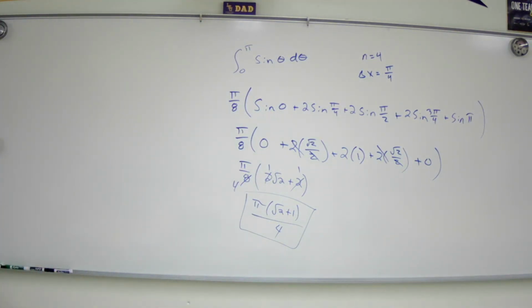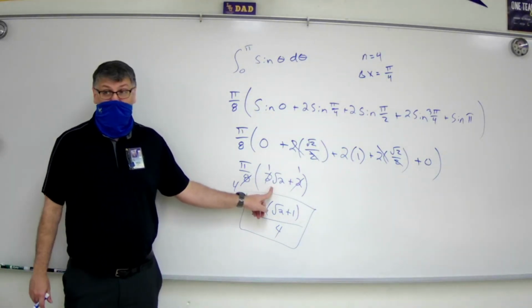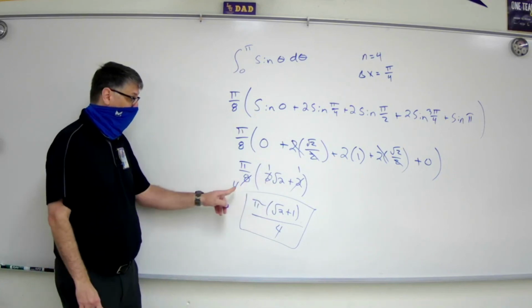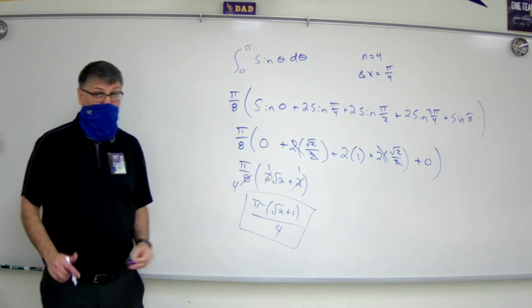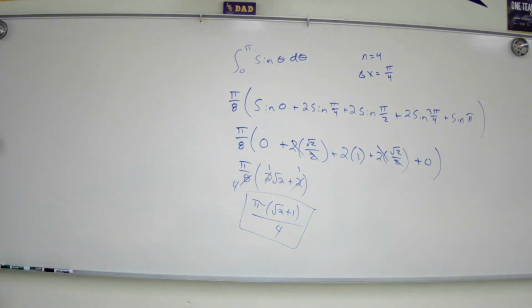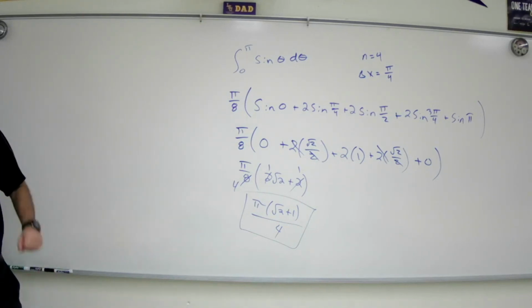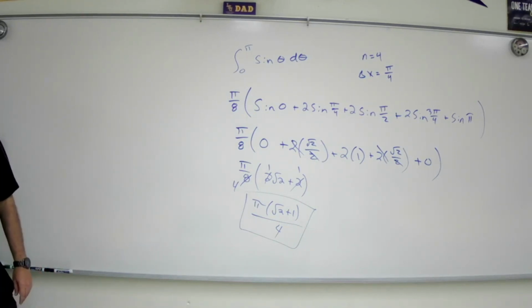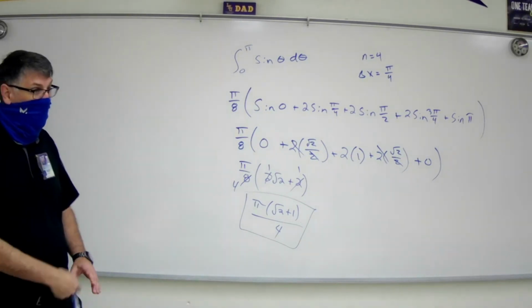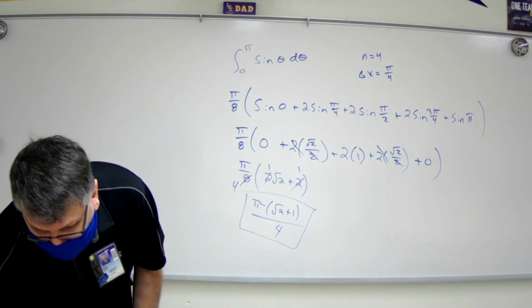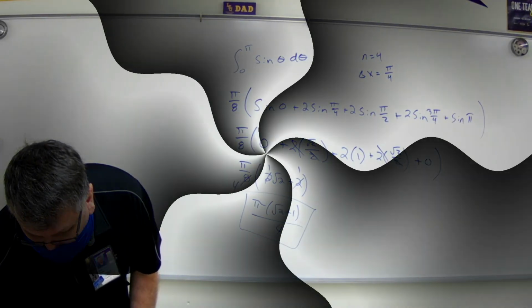Did everybody understand what I did when I canceled here? I basically acted like I factored out a GCF of 2, and then 2, 8, 4, and then 2. I just did it that way. I didn't add the extra step. And if you want a decimal approximation, throw that in the calculator. No, thank you. We have 1 minute till the bell. Now you can use the calculator to get a decimal approximation.